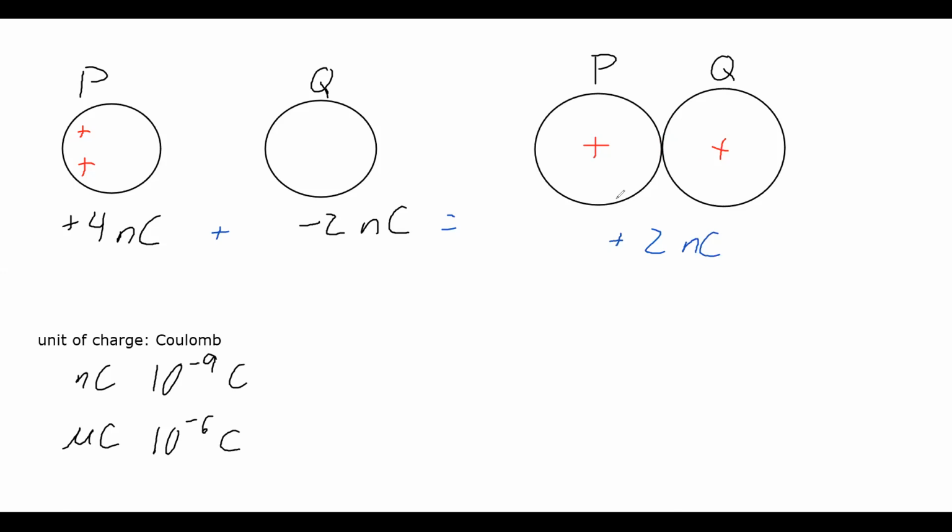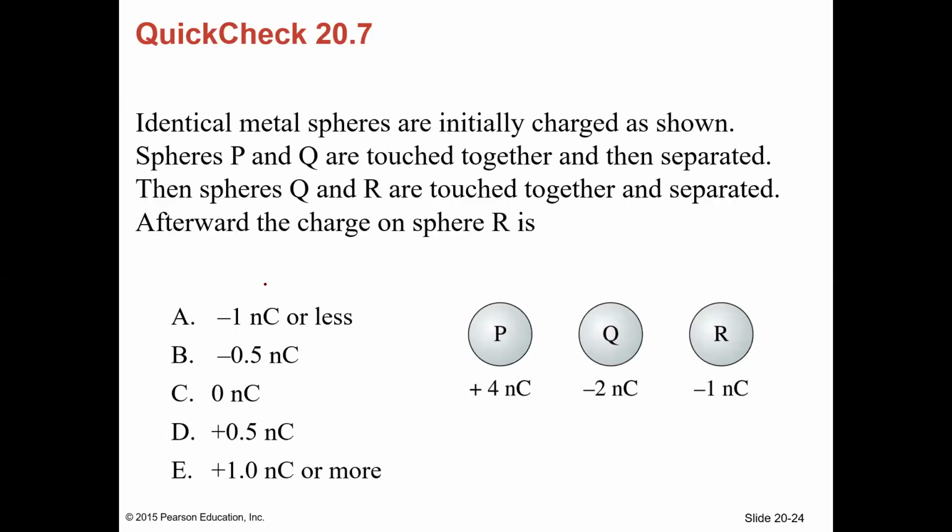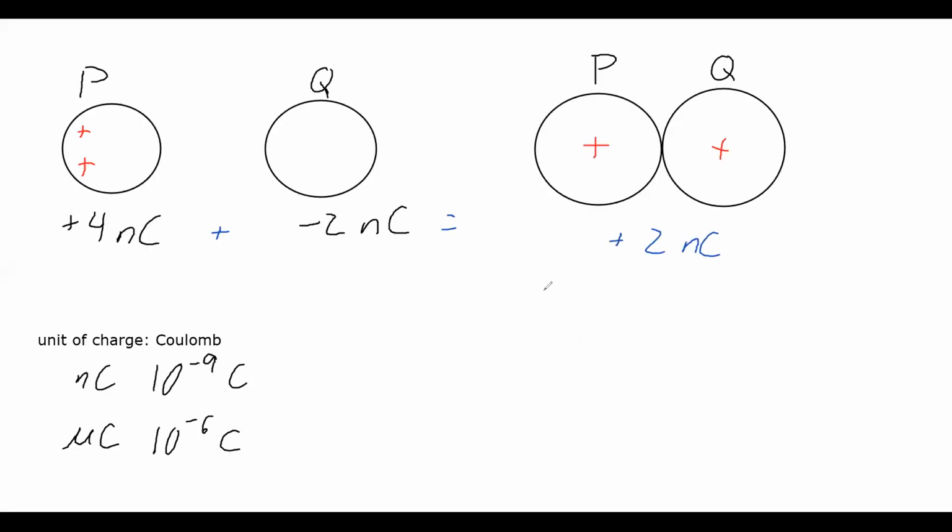Now, what does it say next? It says Q and R are touched together and separated. So look at R. R is negative 1 nanocoulomb. Okay, so let's go back here. If I separate Q now, Q has a positive, yeah, positive.